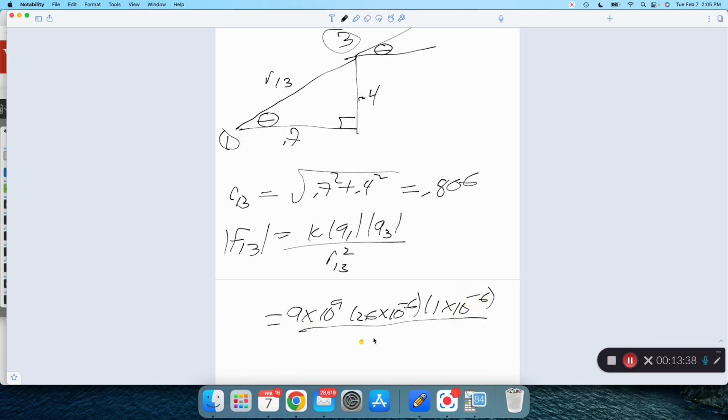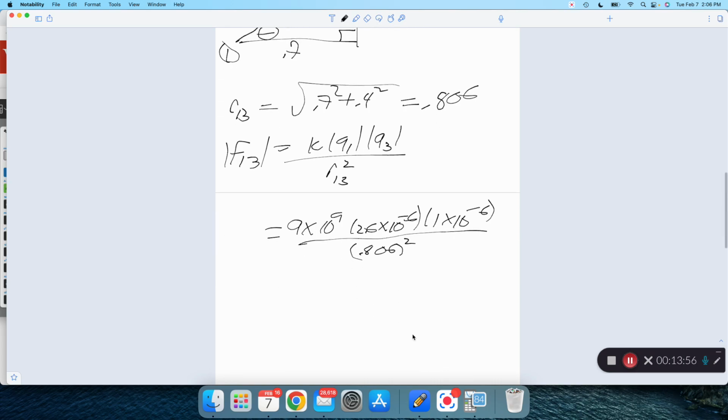And then their distance, 0.806 squared. Now what I could have done, since I knew I needed R13 squared, I could have just done what's inside there and not taken the square root and then squared it. And my answer may have been a little more exact, but this will be good enough.